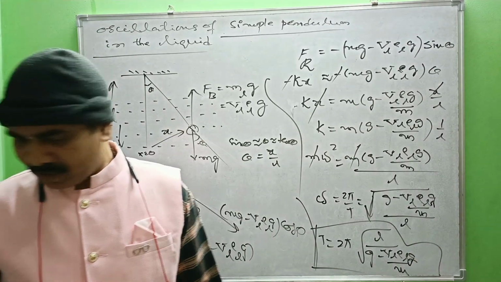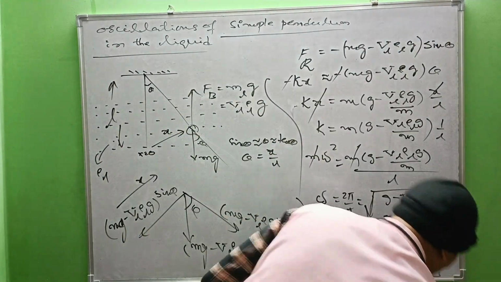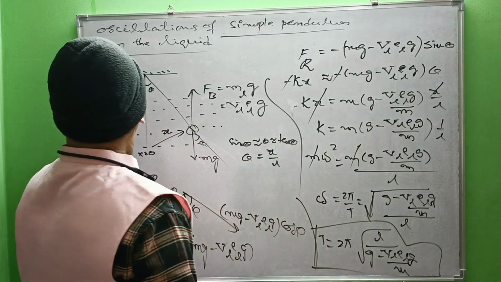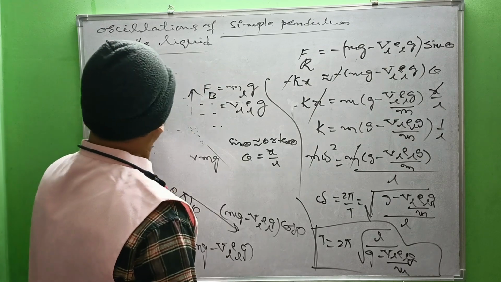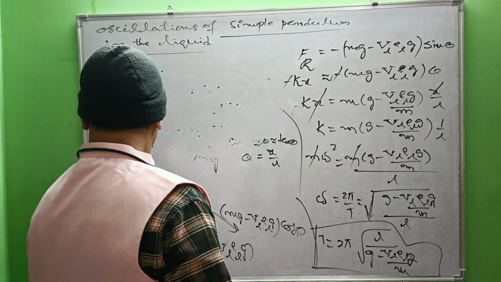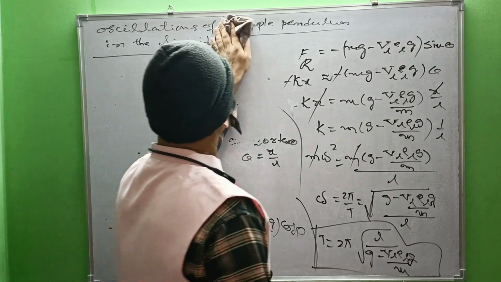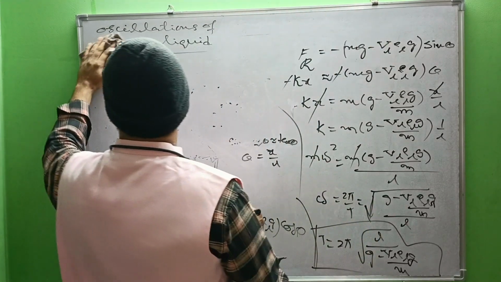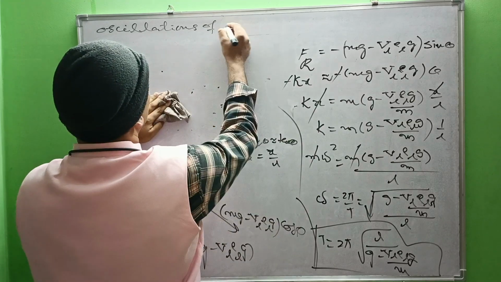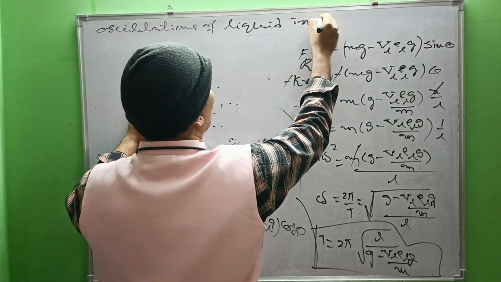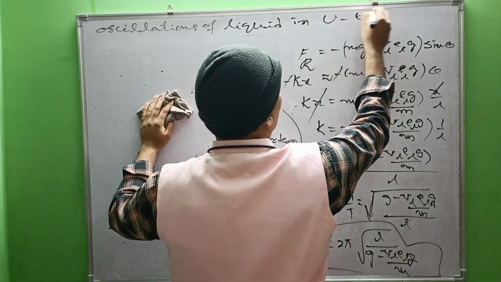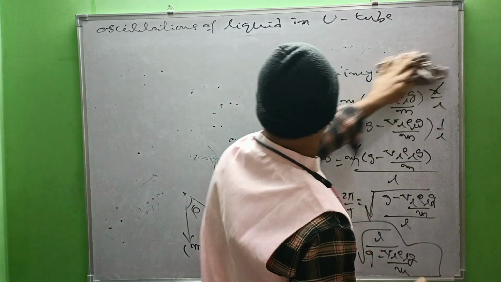Okay, next case, that is, oscillations of liquid inside a U-shaped tube. Oscillations of liquid in a U-tube, a U-shaped tube here.